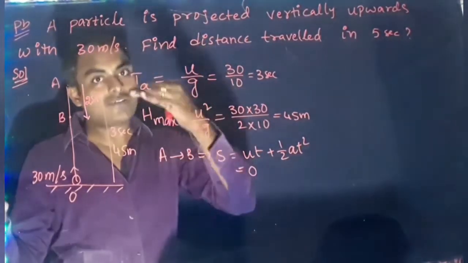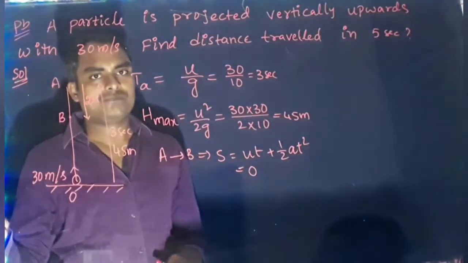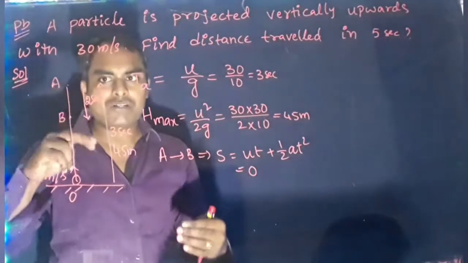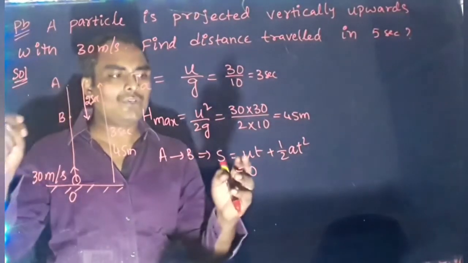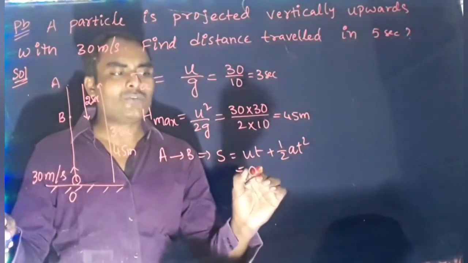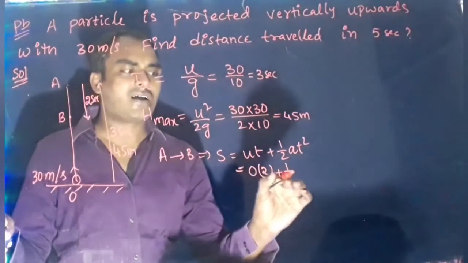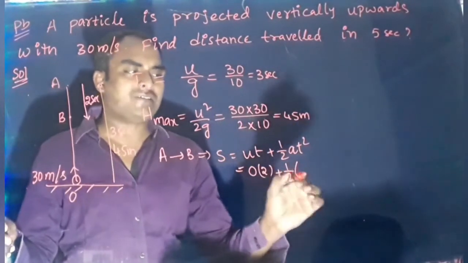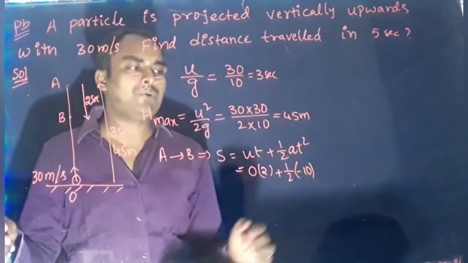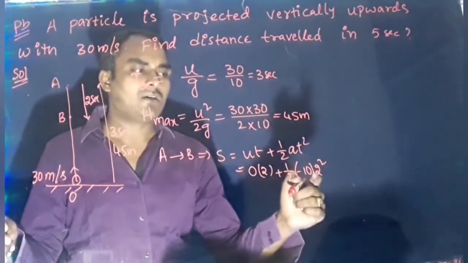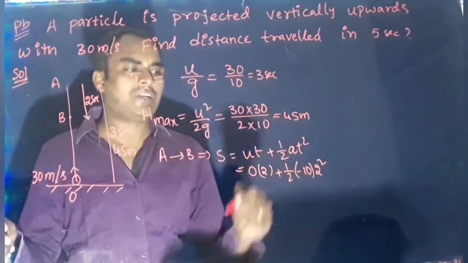We are doing this for a freely falling body. So while coming down, initial velocity u is 0, t is 2 seconds, plus half a, value minus g, 10, into t square, 4, by 2 into 10, 20.